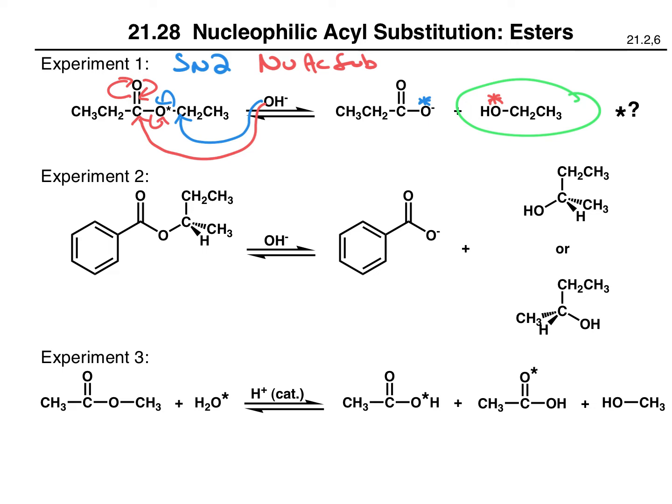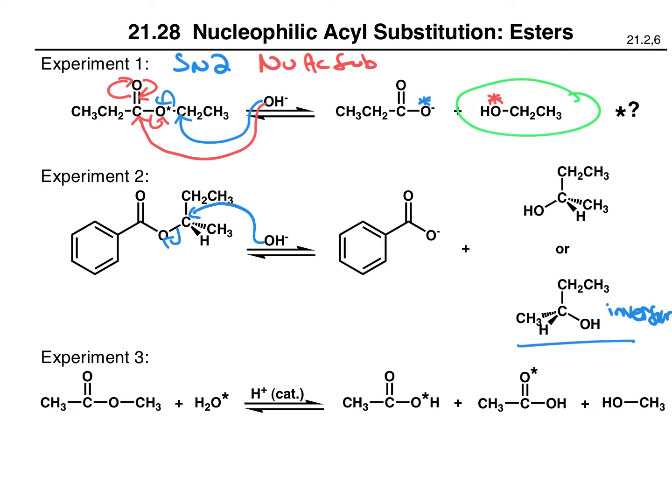Now here's another example, and in this case we have a chirality center in the alcohol part of our ester. So if this was an SN2 type of reaction, then hydroxide would add here, kicking this out as a leaving group. But because this is SN2, we would get inversion of configuration.